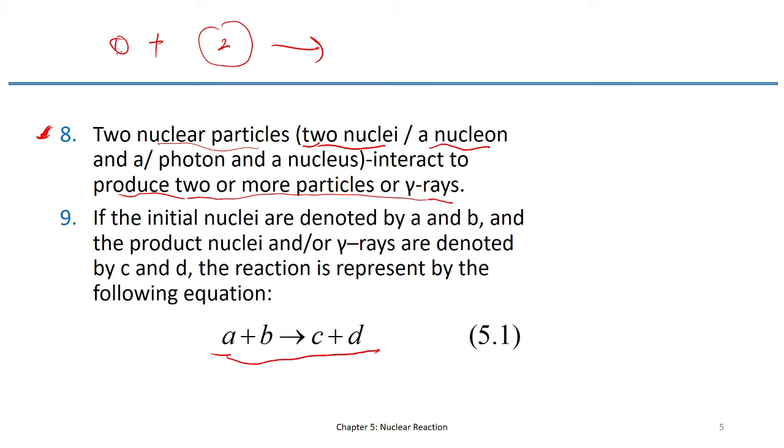So number one doesn't necessarily have to be a particle. Number one also could be a nucleus, or a nucleon, which could be a proton or a neutron.